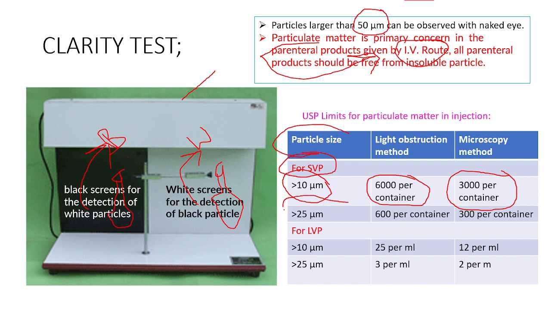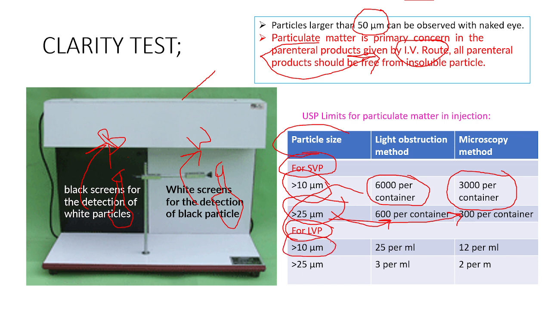If the particle size is greater than 25 micrometer, in case of the light obstruction method, only 600 particles can be allowed. But in case of the microscopy method, only 300 particles can be allowed. That is per container.